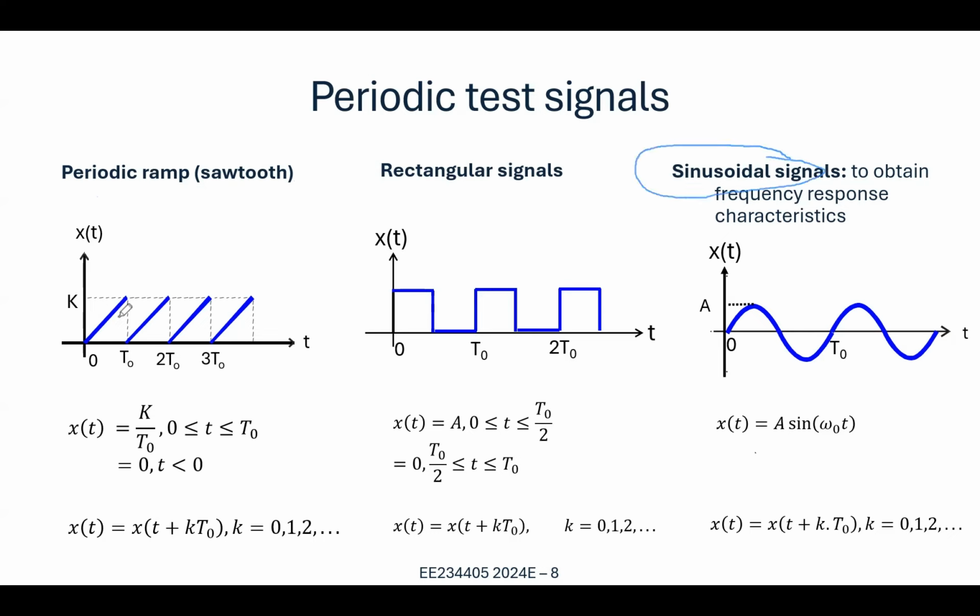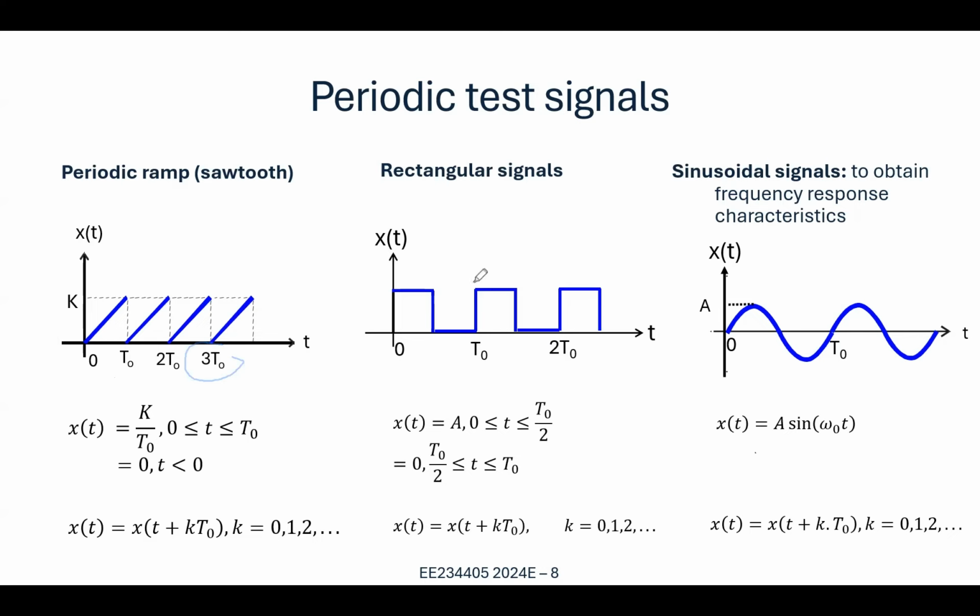So this is what's called the periodic ramp. We have some part of the linear, or let's say the ramp signal, but we basically chop this every period t0. We chop this again at 2t0, and we chop this again at 3t0, and so on.